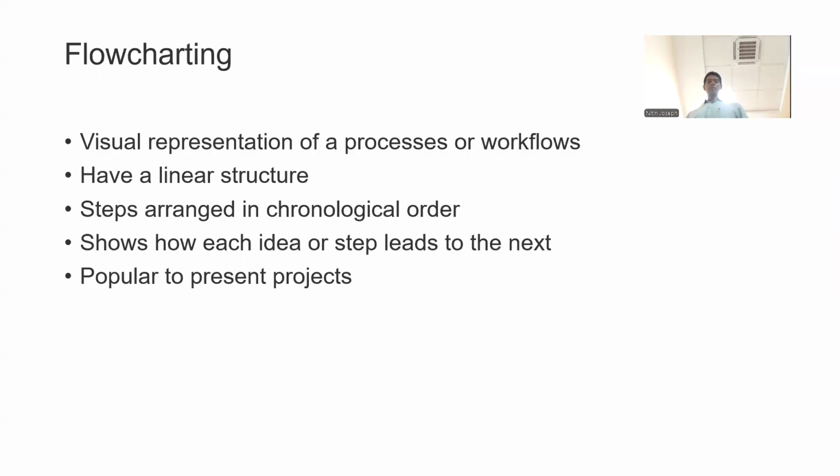The second type of concept map is designed in the form of a flowchart. These are used when you require a visual representation of a process or a flow with each step arranged in chronological order. So flowcharting makes it easier for the audience to understand how each idea or step leads to the next.